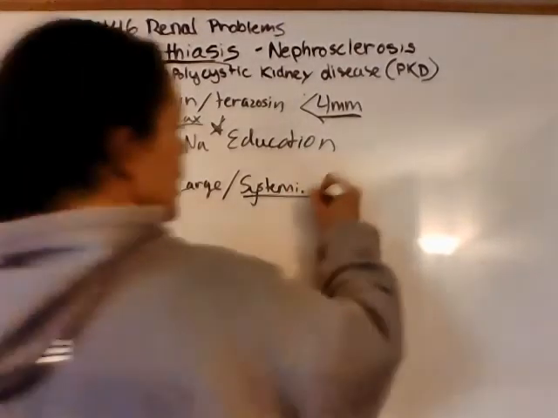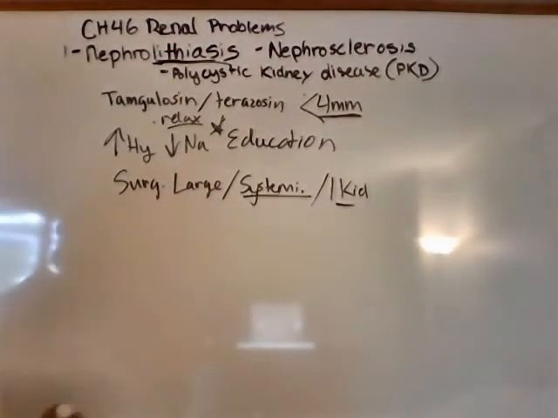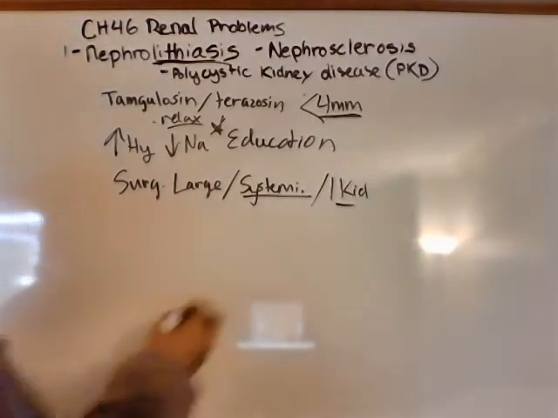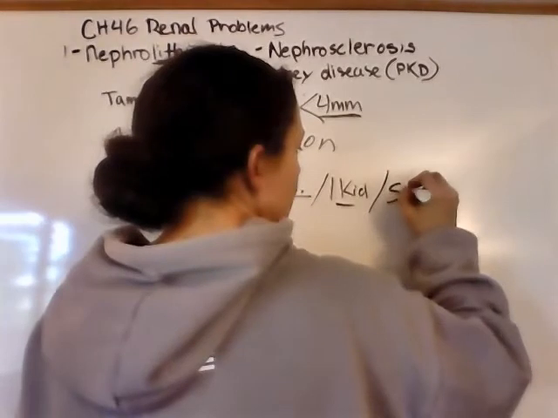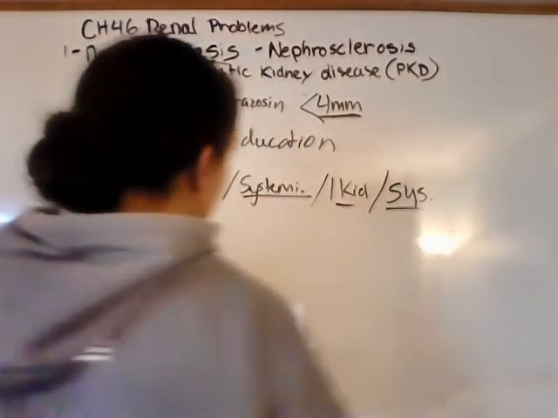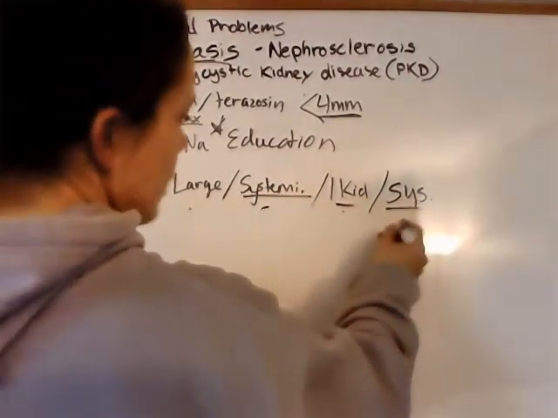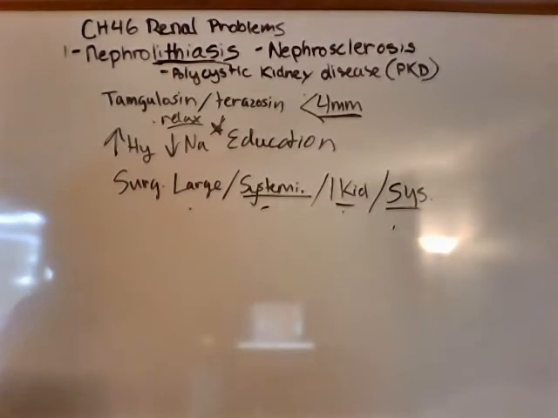Or if they only have one kidney, we're not going to put that kidney at risk. So if they only have one kidney, we're going to have surgery there as well. Or if the symptoms are very severe and not going away, then we might have surgery there as well. So too large, if it's a systemic infection, if you only have one kidney, and your symptoms are severe.